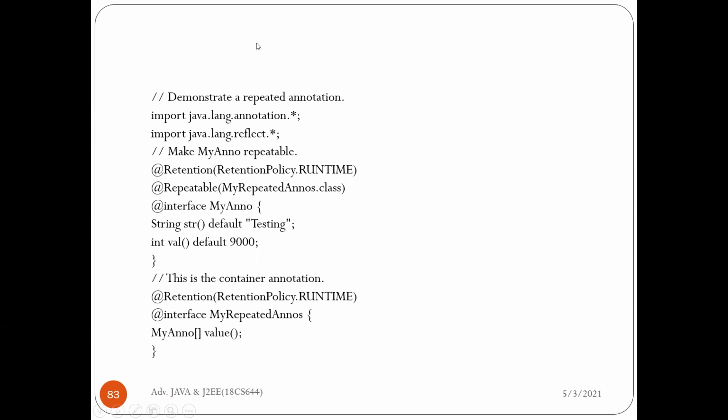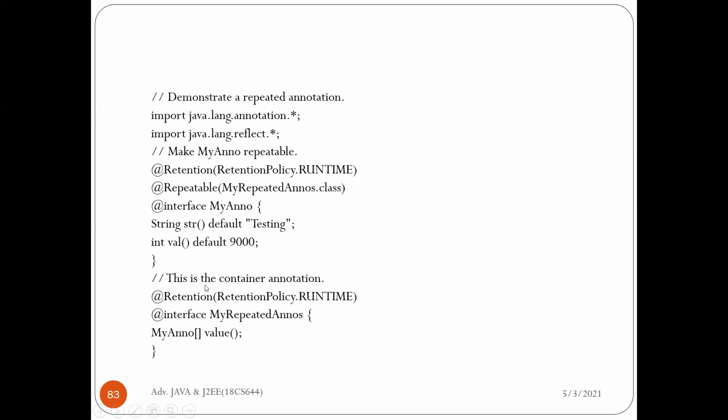So here is just an example of a repeated annotation. Retention policy is defined as runtime. It is again defined as Repeatable, MyRepeatedAnnos.class. So that is repeating over here. In MyAnno, two members are defined, a string and a value. The value default is 9000, the string is "testing".